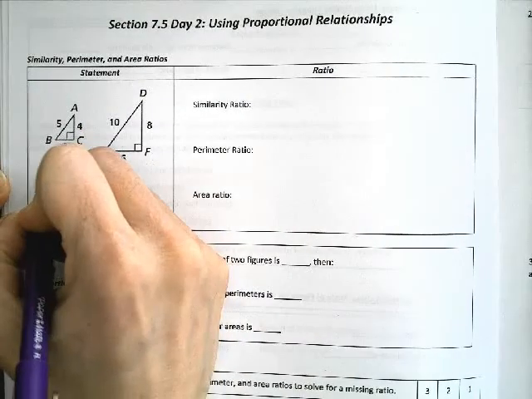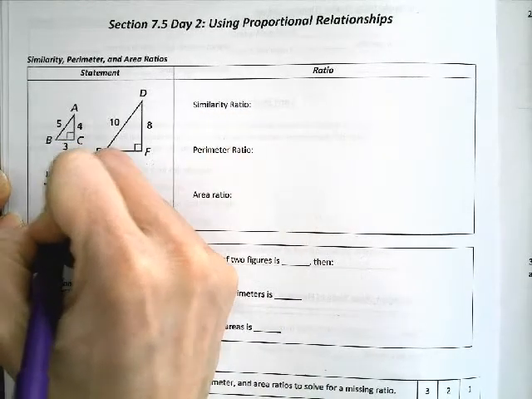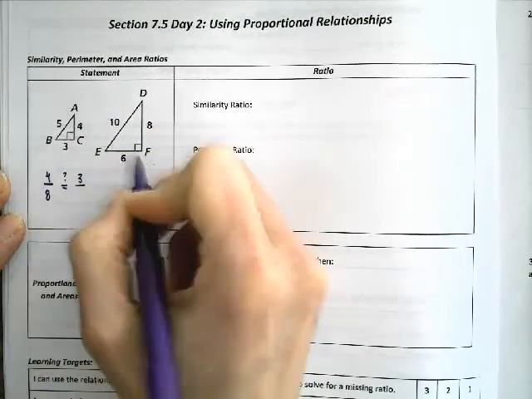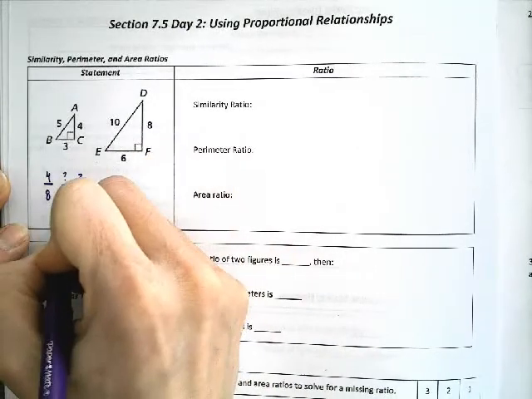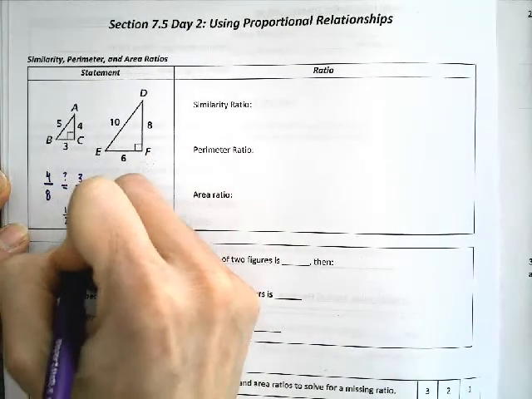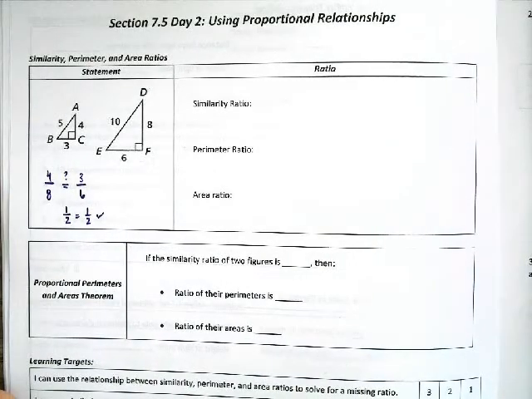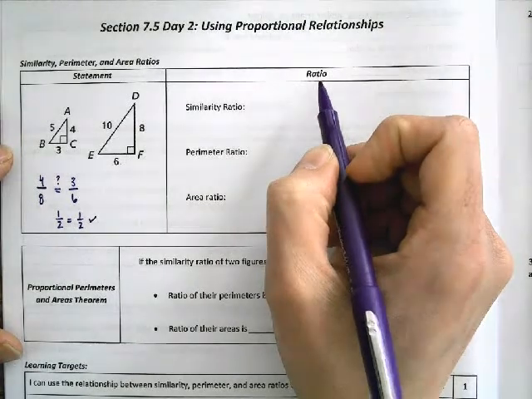So I'm going to check AC on this triangle, which corresponds to DF on this triangle. I'm going to see if that's the same ratio as BC to EF on this triangle. If I reduce those, they're both equal to a half, so those triangles are going to be similar. So now we're going to look at some ratios here.